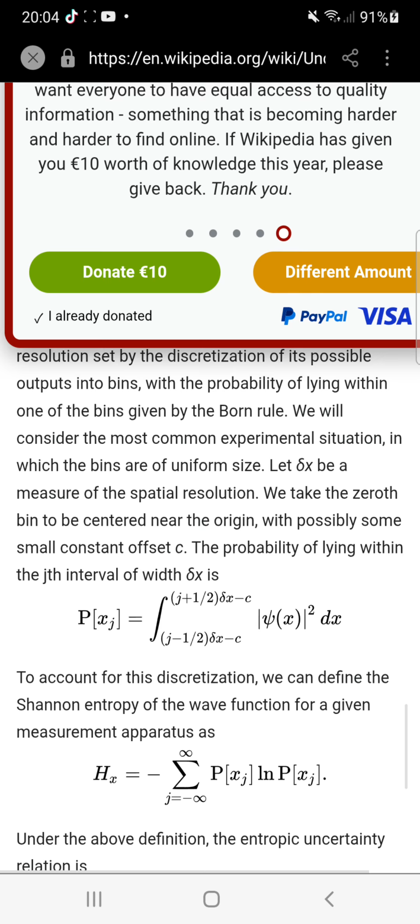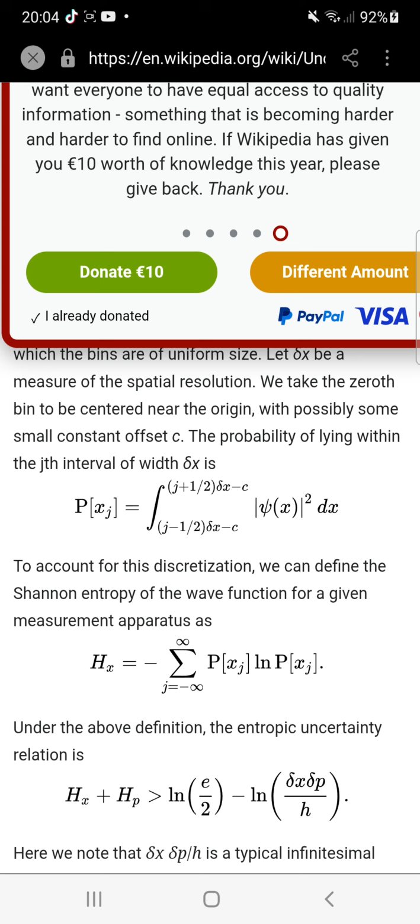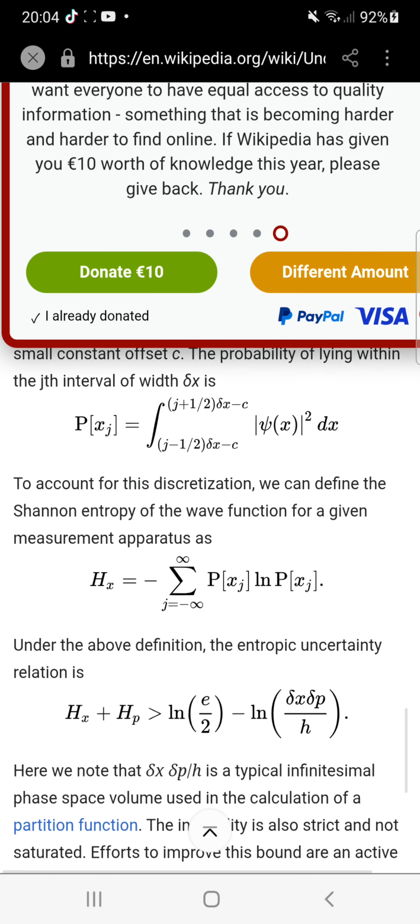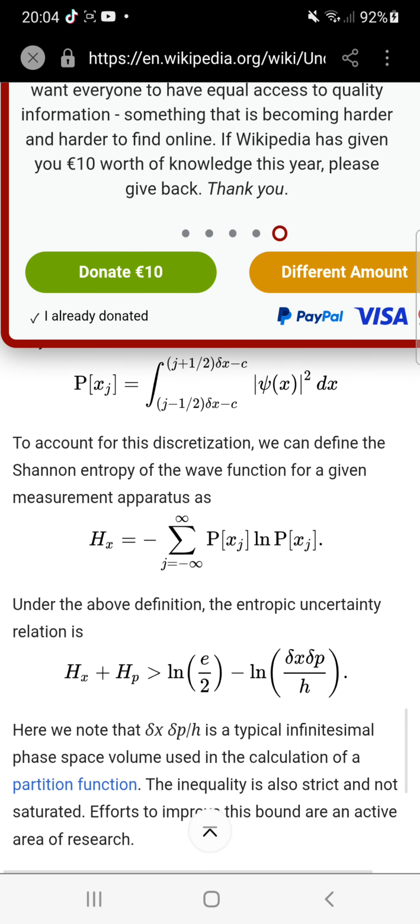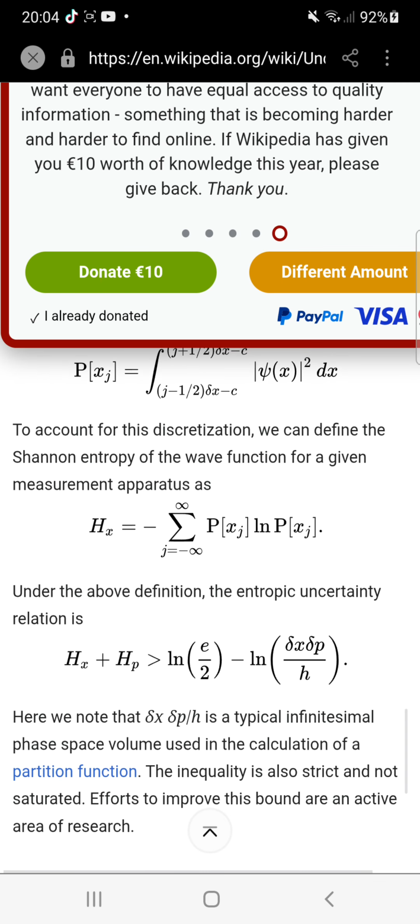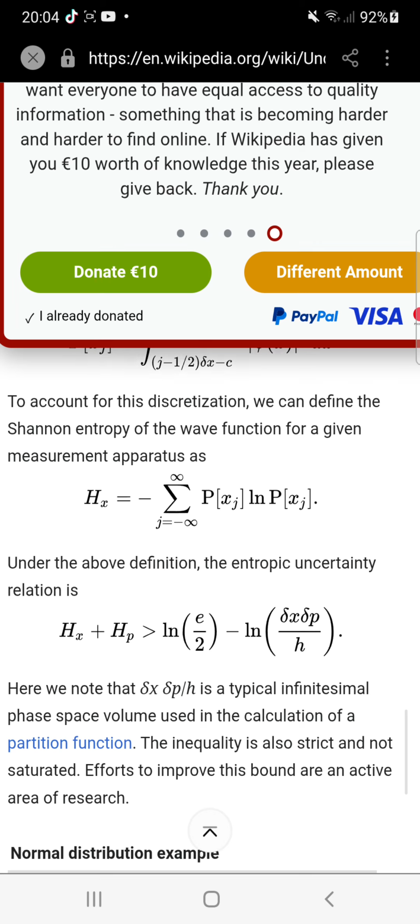The probability of lying within the jth interval of width Δx is p(xj) equals the integral from (j+1/2)Δx − c to (j−1/2)Δx − c of g(x)² dx. To account for this discretization, we can define the Shannon entropy of a wave function for a given measurement apparatus as Hx equals minus the sum over j from minus infinity of p(xj) natural logarithm p(xj).